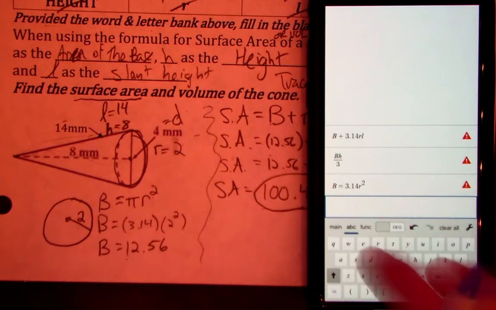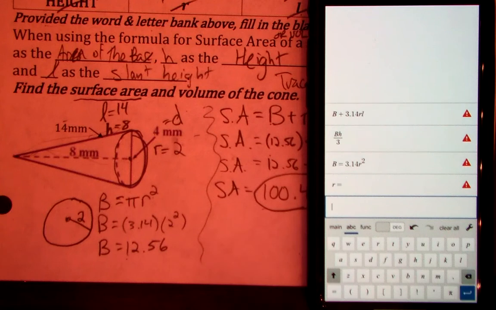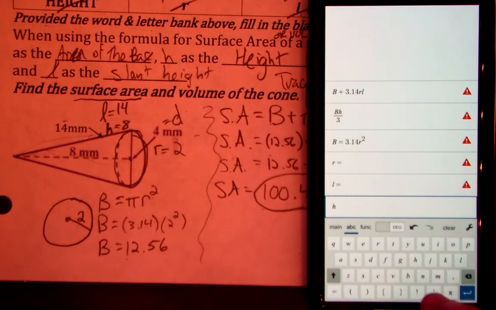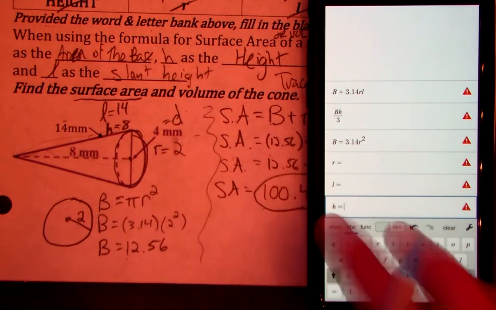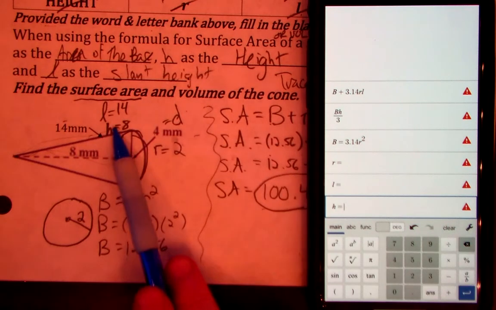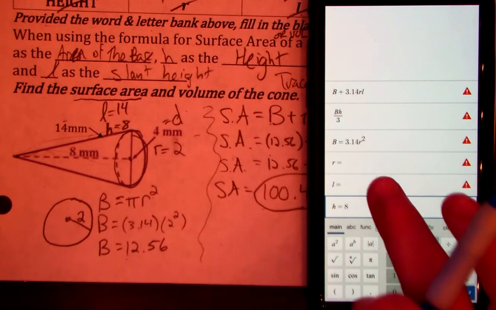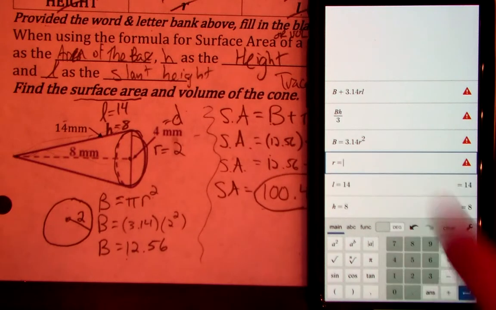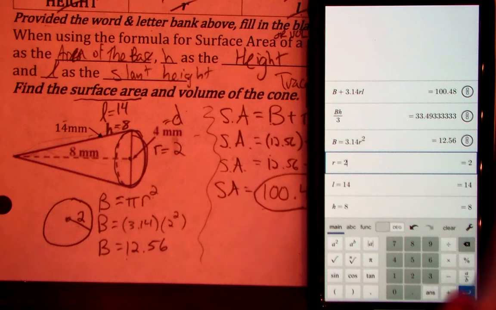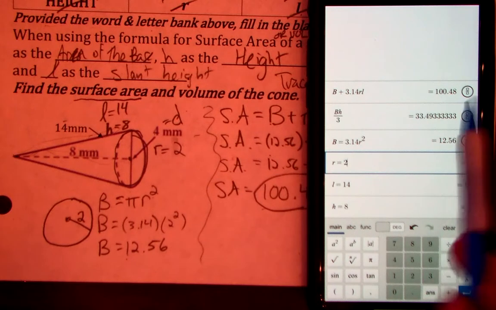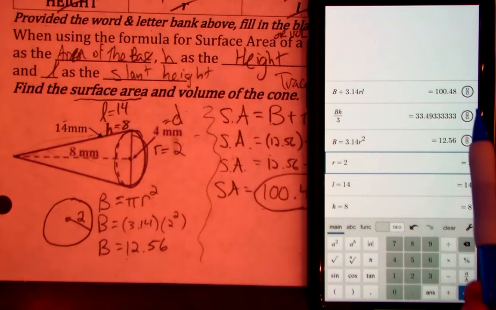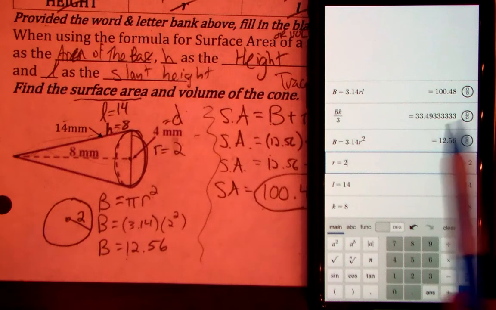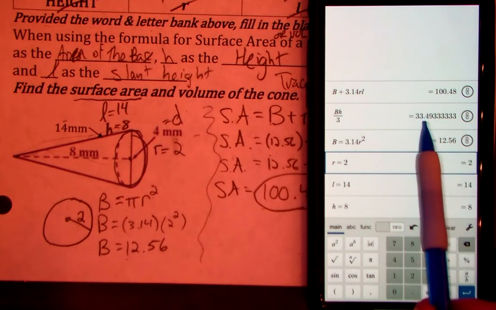So we need our radius, we need our slant height, and we need our normal vertical height. Again, plug in those values that we had. So we said the height is going to be 8, the slant height is 14, and the radius is 2. And notice, as soon as I type in that last value, it calculates it for us. Where 100.48 is our surface area, and this big long number is our volume.